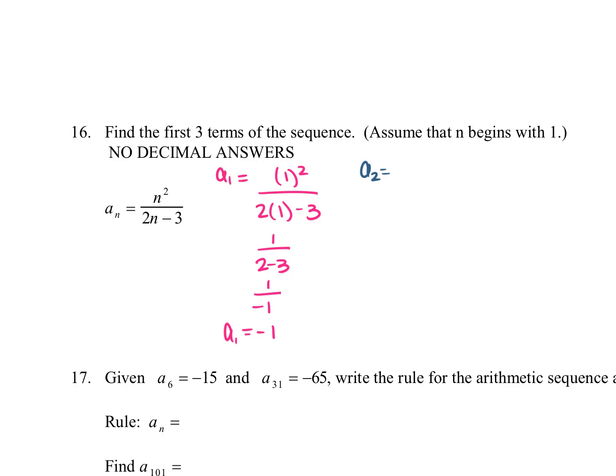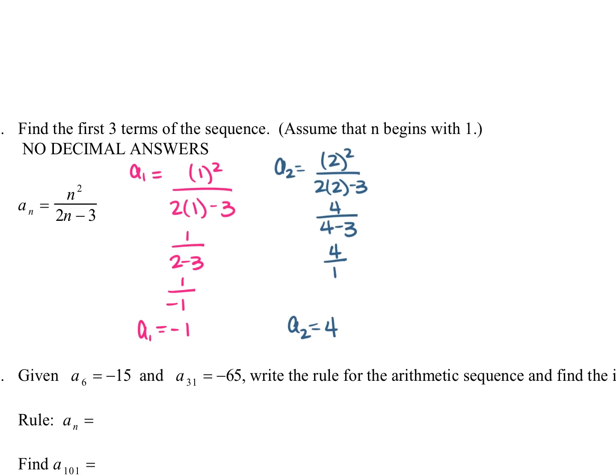For our second term, we're going to have 2 squared over 2 times 2 minus 3. That's 4 over 4 minus 3, which means that's 4 over 1, giving us our second term, 4.